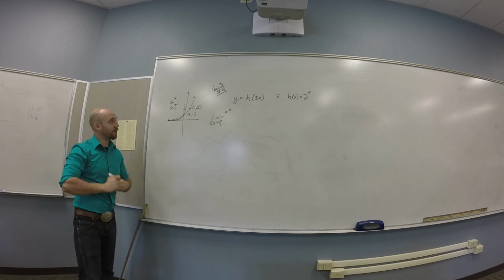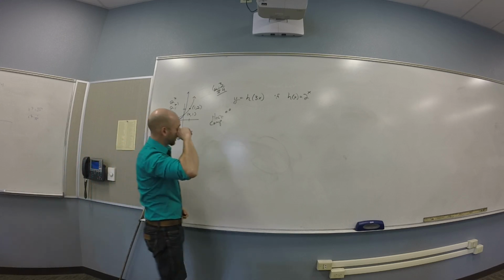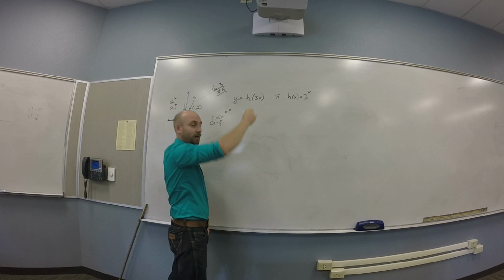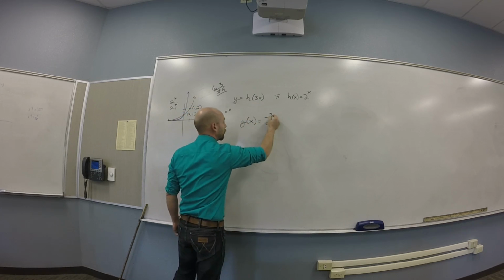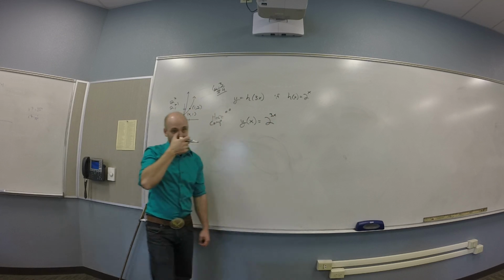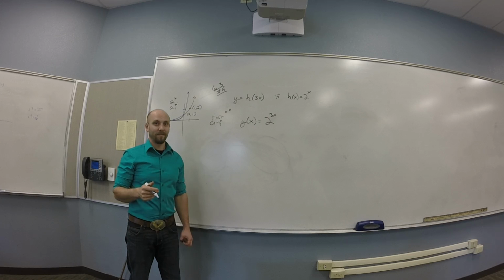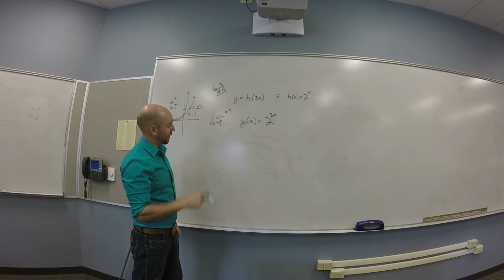So another thing you could have done, if I followed Jeremiah's original suggestion of plugging 3x in for the x over there, then h of x is 2 to the 3x, right? You guys with that? Okay. What's 2 to the 3x?